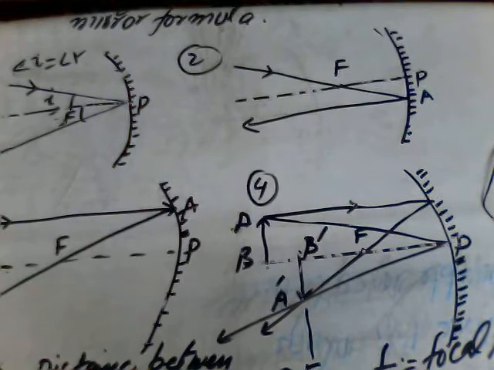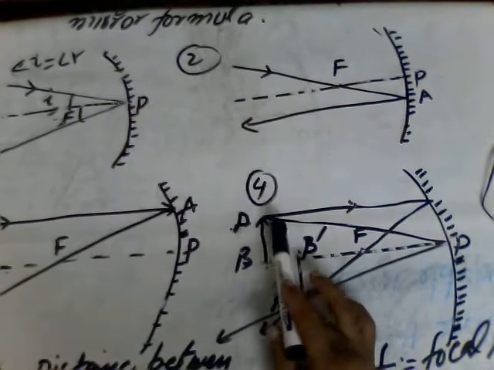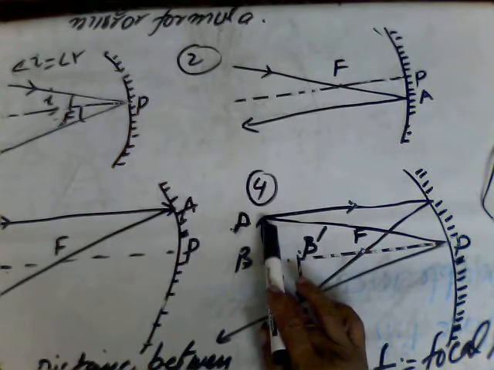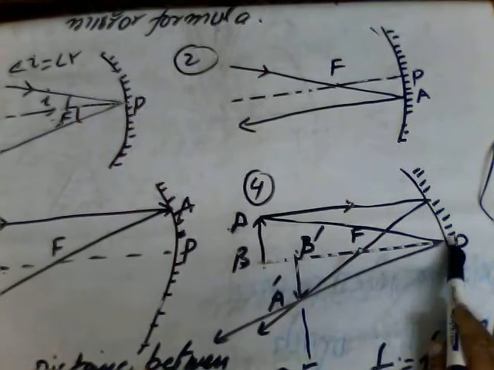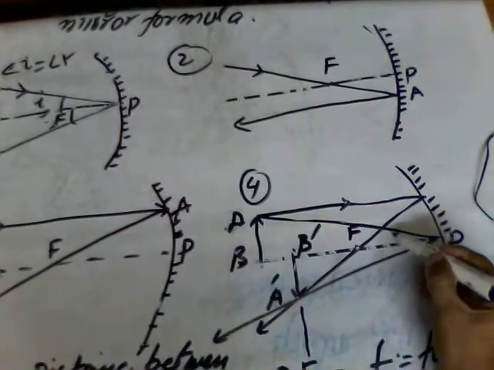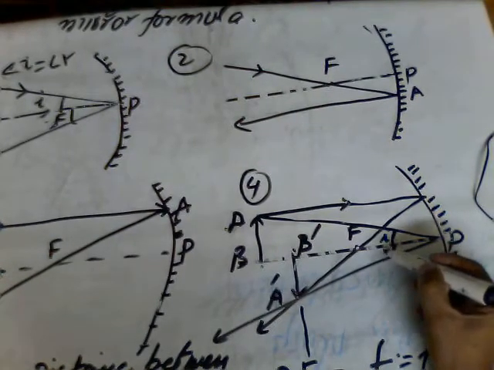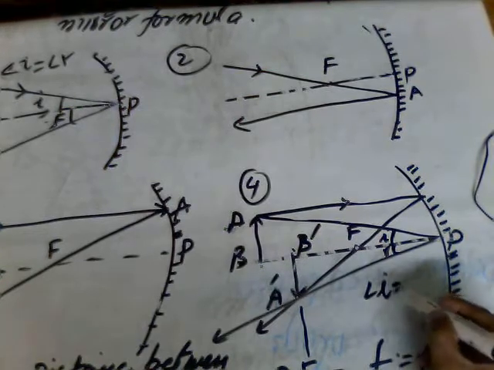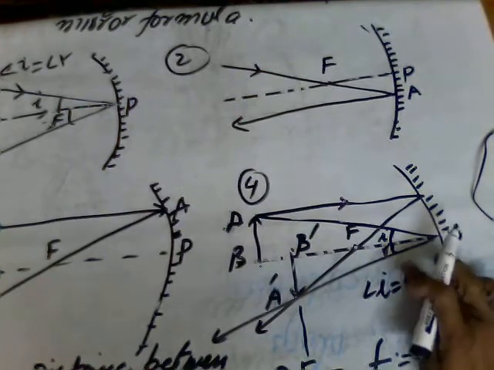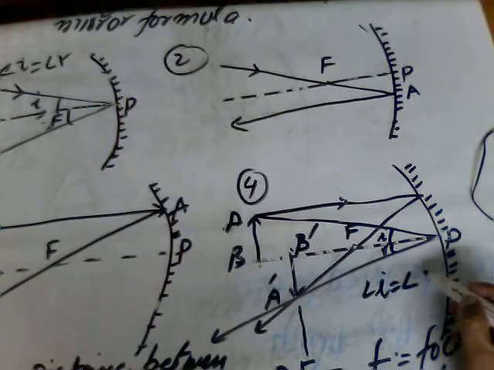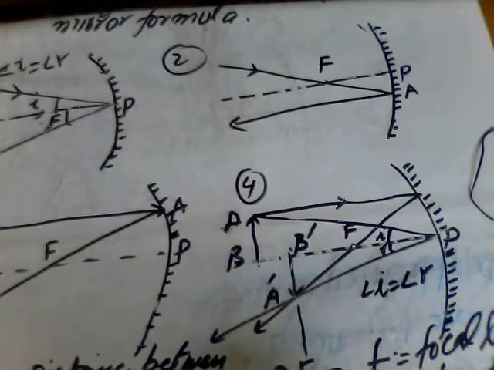Now the first case: the light ray comes from the top, hits P, and with the same angle, I and angle R become equal and obey the second law of reflection.